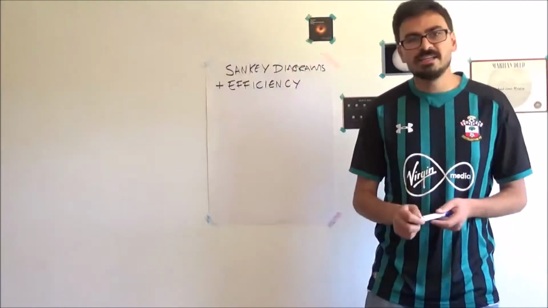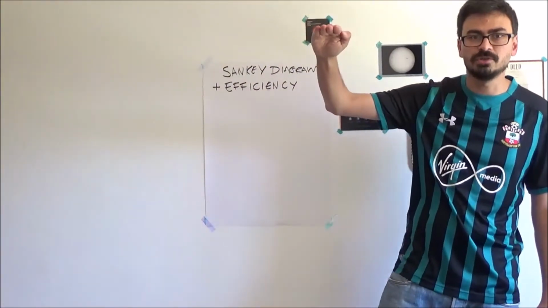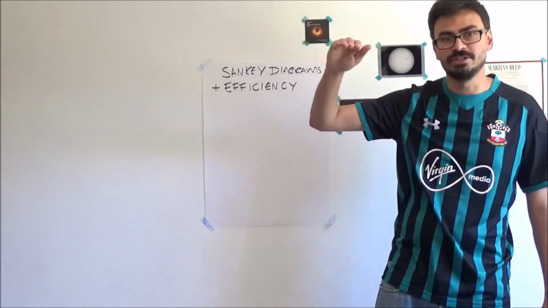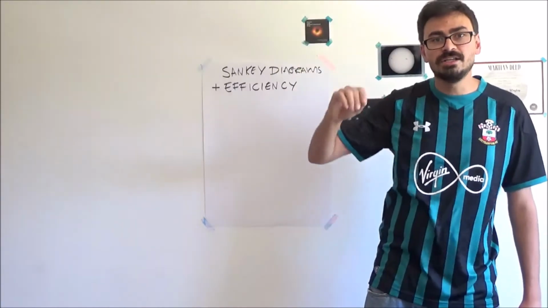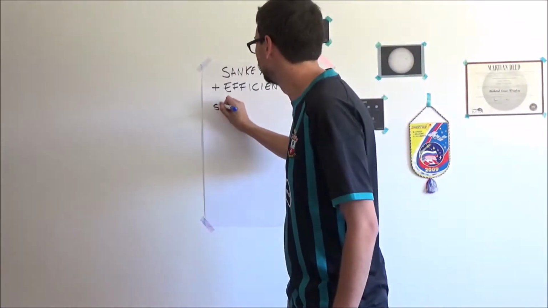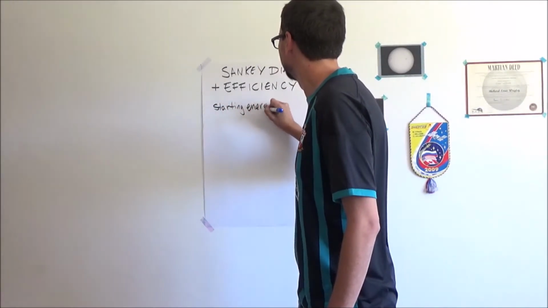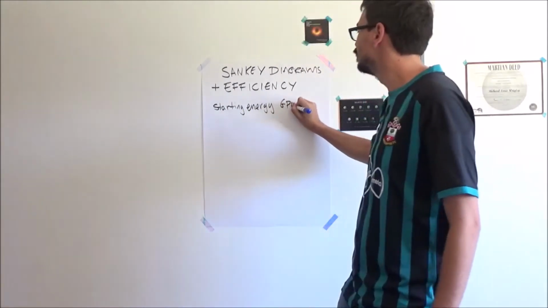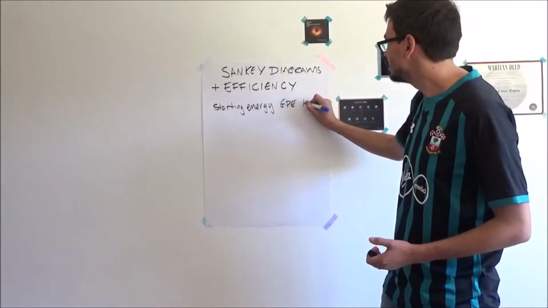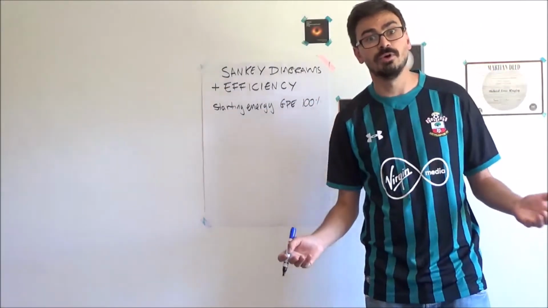Okay, so in the example we saw that the Lego had gravitational potential energy to start off with, and that was our starting energy, our total energy going into the system. So that energy has to go somewhere. So our starting energy was gravitational potential energy. Okay, so 100% of that gravitational potential energy has to go somewhere else.